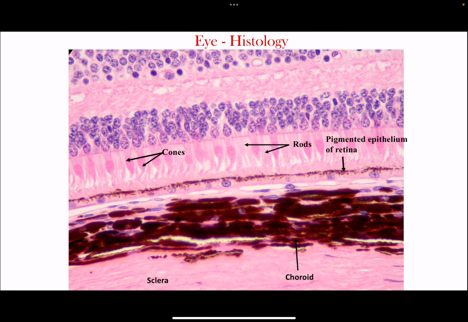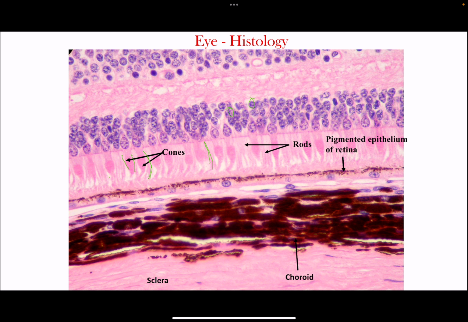So it's enlarged, maybe 400x. You can see the nucleus over here, the nucleus for this layer. This one has the cones, which is color vision. These are the rod cells. Cone cells and rod cells, those are the photoreceptors, like I mentioned.